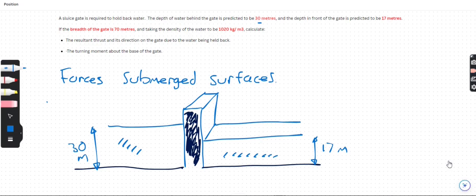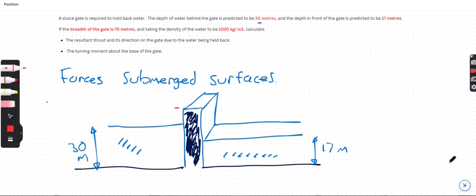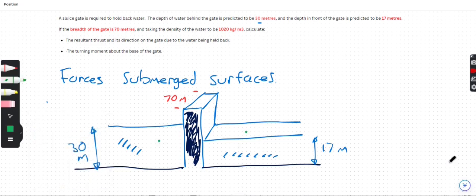Let me get a different color. I'm saying that the length of this gate, or the breadth of it, is 70 meters. So it's a bit like a dam, really. And we've got water each side of this dam, water here and water here, and we've got to work out the forces and the moments on this dam.